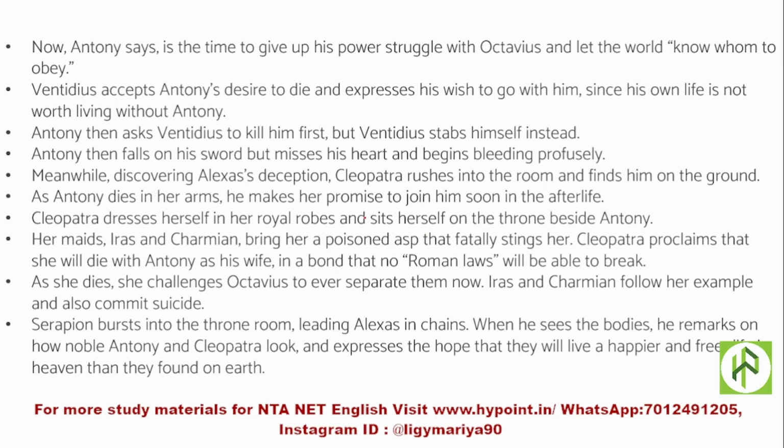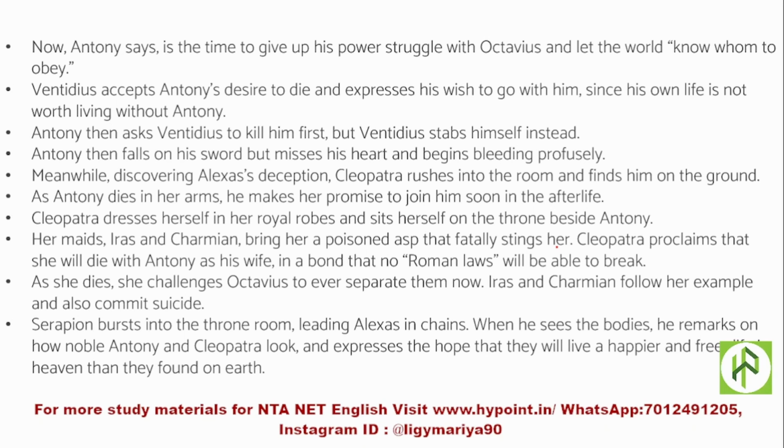Cleopatra dresses herself in her royal robes and sits herself on the throne beside Antony. So Cleopatra dresses herself in her royal robes, and in all her royalty, she sits on the throne of Egypt beside Antony. Her maids Iras and Charmian bring her a poisoned asp, which fatally stings her.